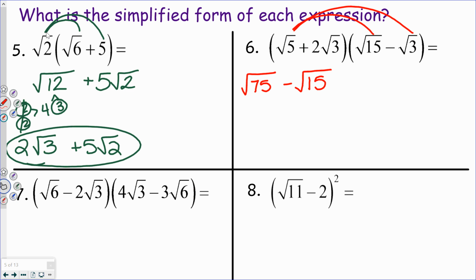Now what do I do next? The second term, I'm going to distribute that one, right? So 2 radical 3 times radical 15. 2 radical 45, right? Outside numbers, inside numbers. You got to really be careful because there's a lot of parts and pieces going on here. And then 2 radical 3 times negative radical 3.